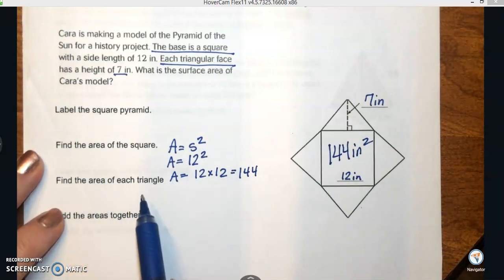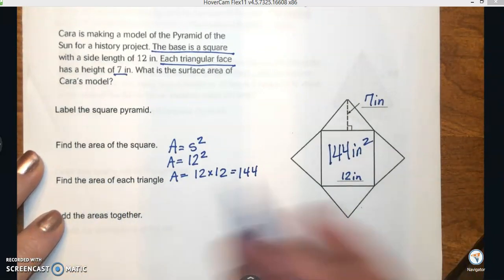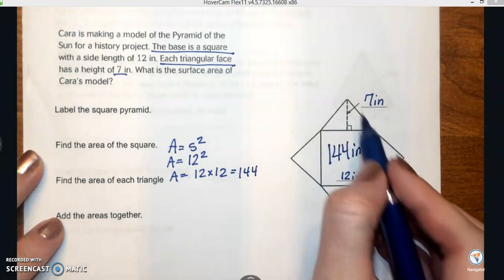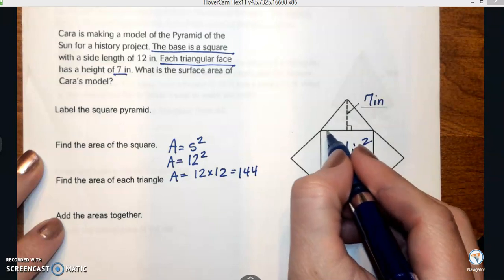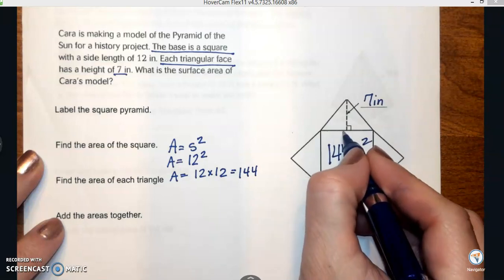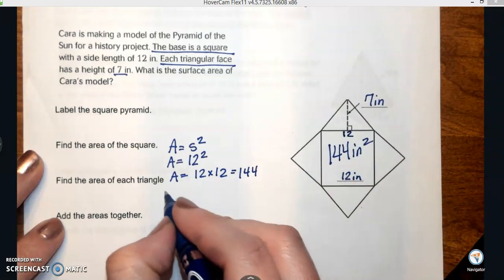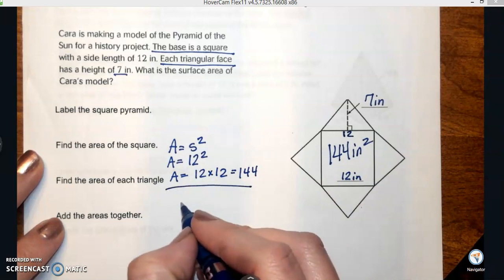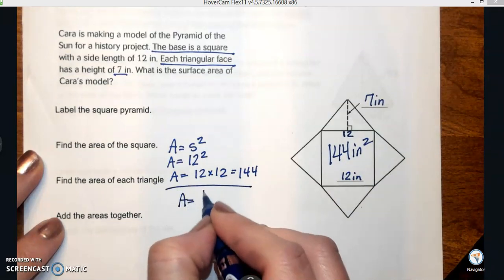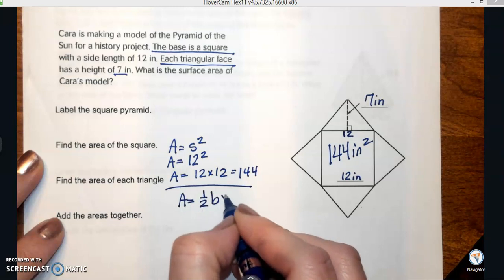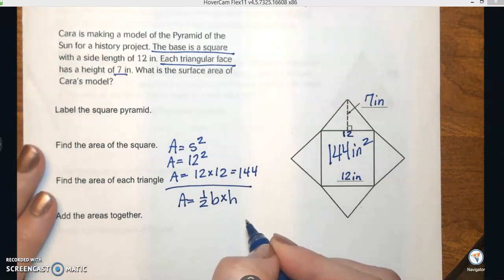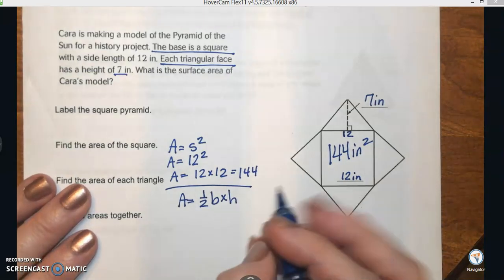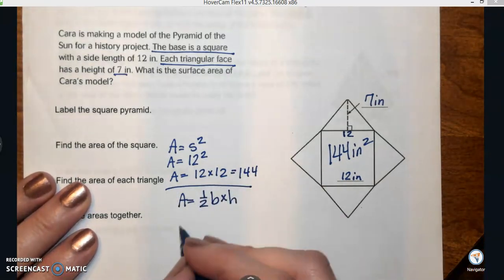Now we're going to find the area of the triangles. So we're going to start with this triangle right here because it gives us the height, and the base right here is still going to be 12. So we're going to use our formula for the area of a triangle, which is area equals half base times height. And if I'm going too fast, make sure you pause this anytime you need to. That's the good thing about videos.